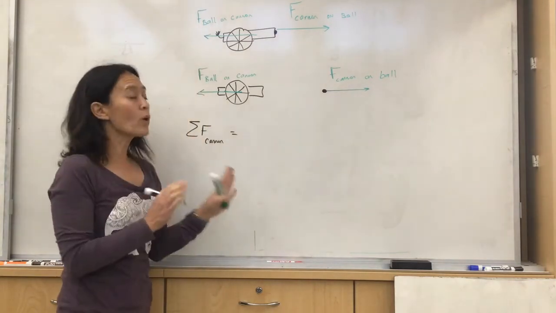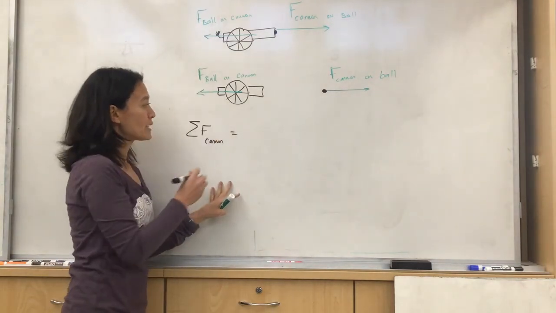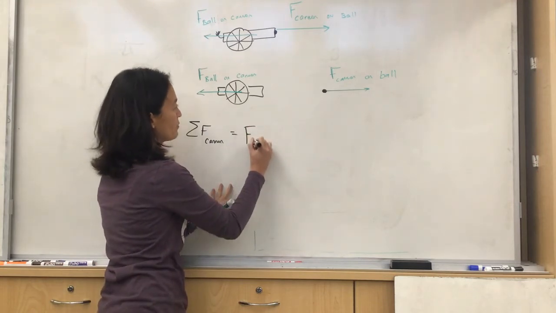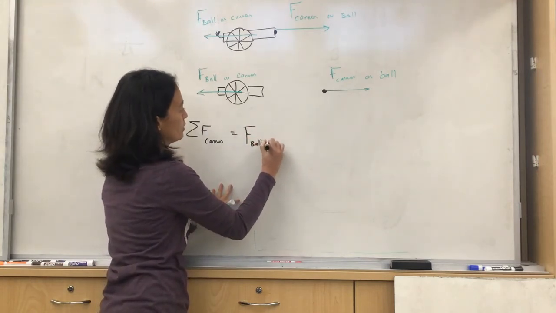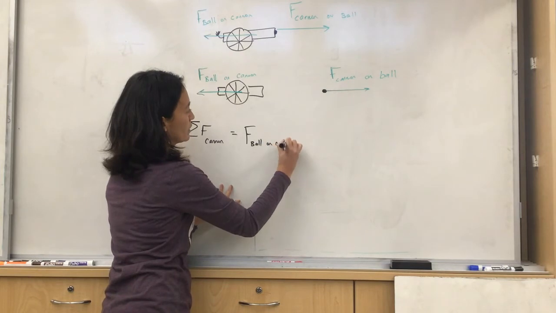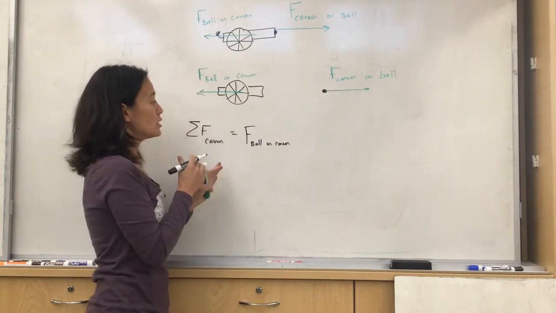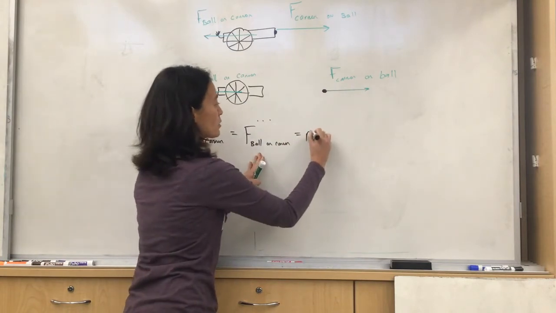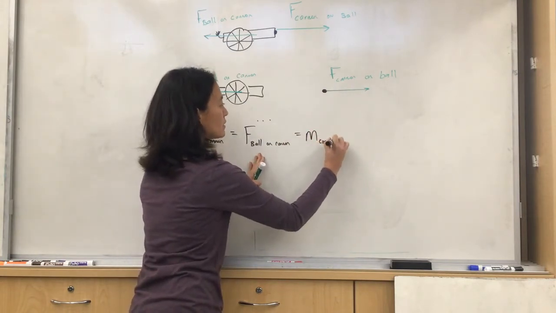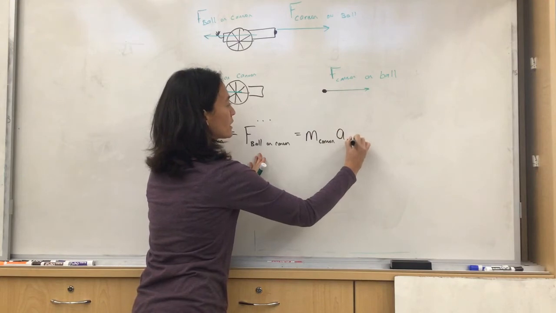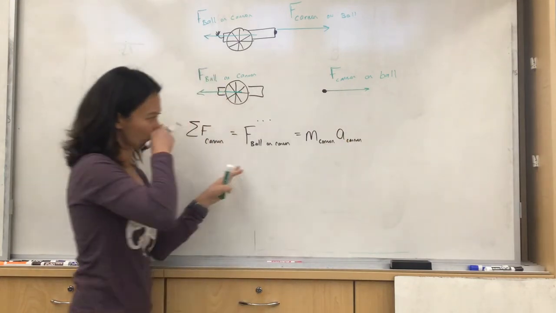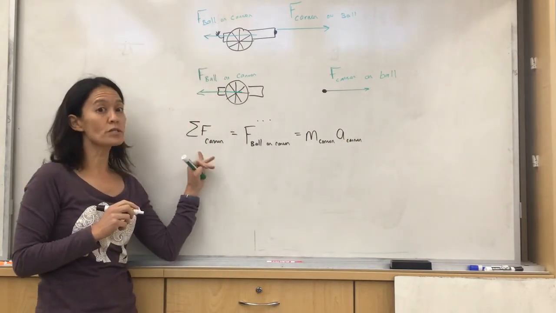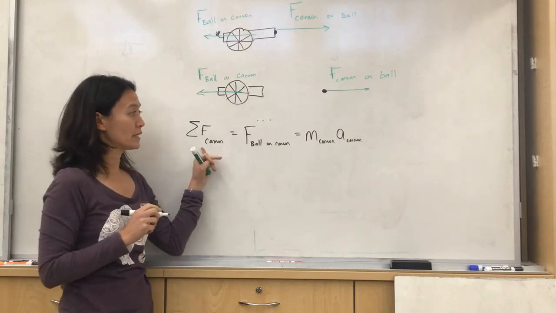So the only horizontal force acting on my cannon is this F ball on cannon. That's it, okay? And Newton's second law says this should be equal to the mass of my cannon times the acceleration of my cannon, okay? So this is Newton's second law applied to my cannon.